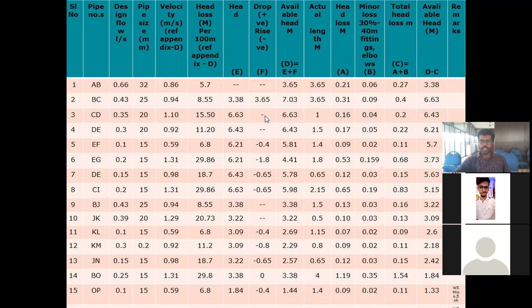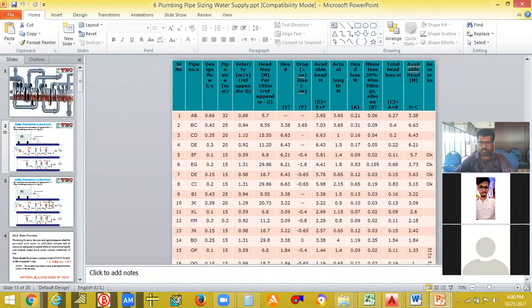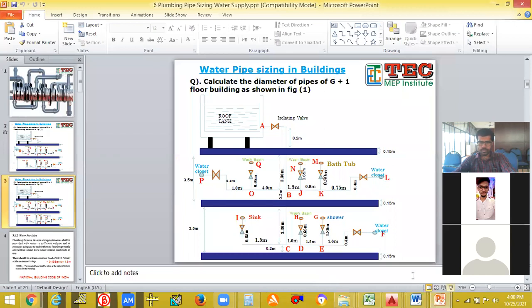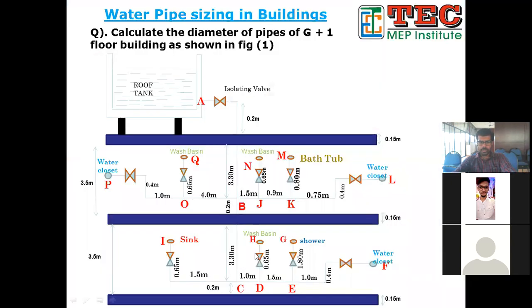Okay, and drop, it is not showing any drop. So let's see why it is not showing any drop. CD. It's not positive or negative. So what is the CD? Yeah, this is CD. So it is not coming from the top or going up. It is just going horizontal.